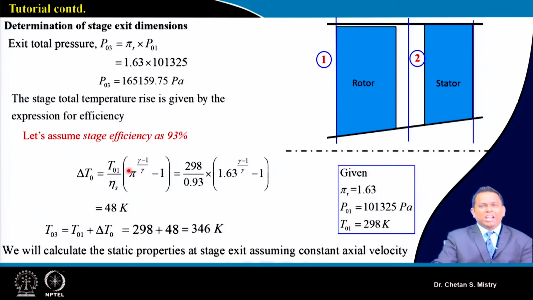This is slightly on the higher side; we are going aggressively in that direction, and that is the reason we assumed 93%. Once we know this delta T0, we can calculate T03, which is coming to 346 Kelvin.